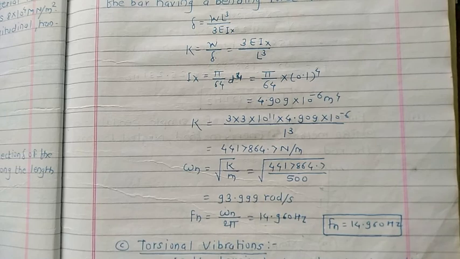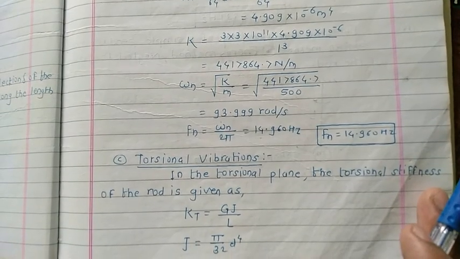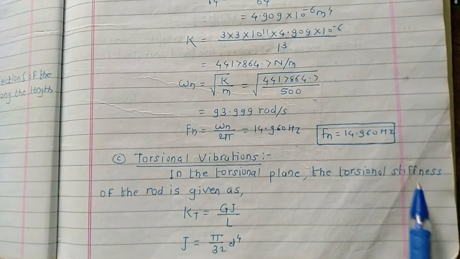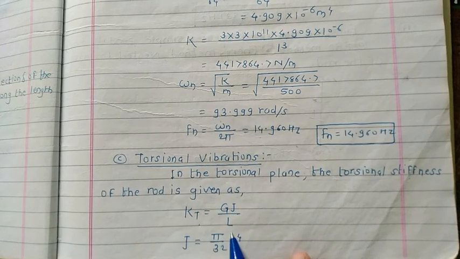Now, if we consider the torsional vibrations, in the torsional plane the torsional stiffness of the rod is given by kT, where kT equals GJ divided by L. What about J? J is nothing but pi by 32 into d raised to 4. This indicates the polar moment of inertia.